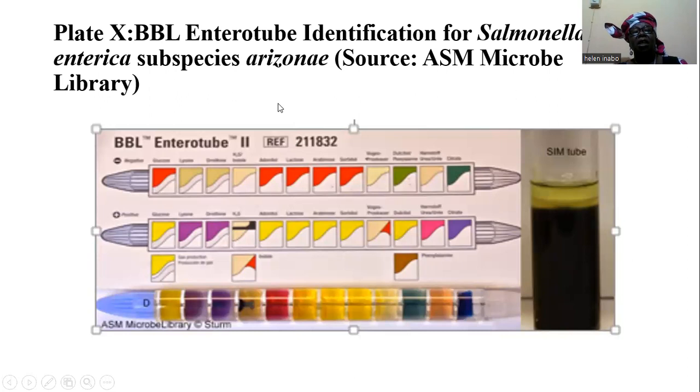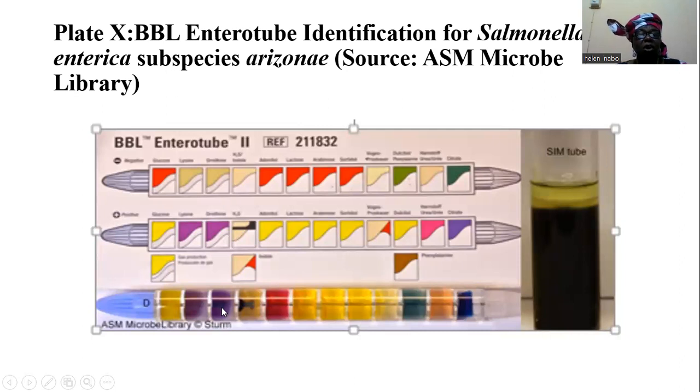This is strictly for Salmonella enterica subspecies arizonae. Now, the next two have the lysine decarboxylase medium and the ornithine decarboxylase medium.